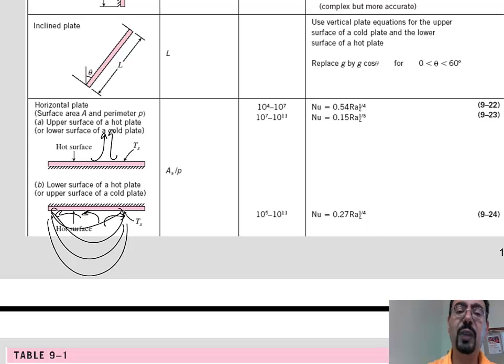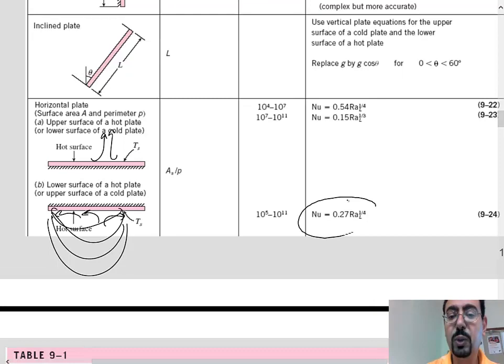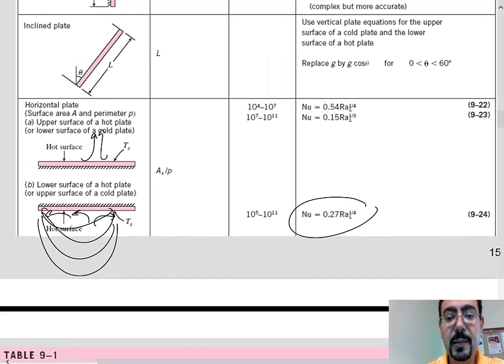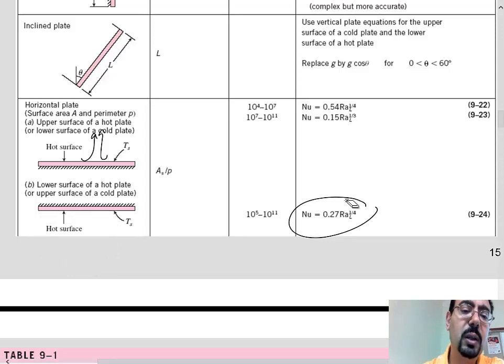So this configuration is annoying for heat transfer, and you can look at the equation for the Nusselt number over here. This is not just for a hot surface facing downward; we can also think about a cold surface facing upward.